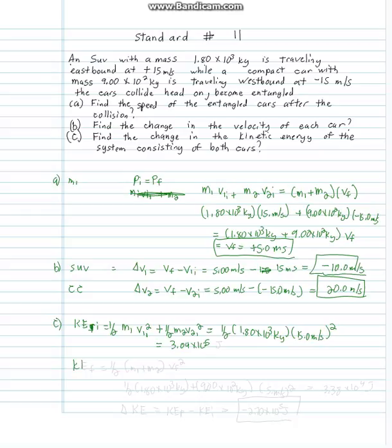The KE of our final is equal to 1/2 M1 plus M2 times VF squared. So we plug in those numbers, and we end up getting 1/2 times 1.80 times 10 to the third kilograms plus 9.00 times 10 to the 2 kilograms, and then 5 meters per second squared.